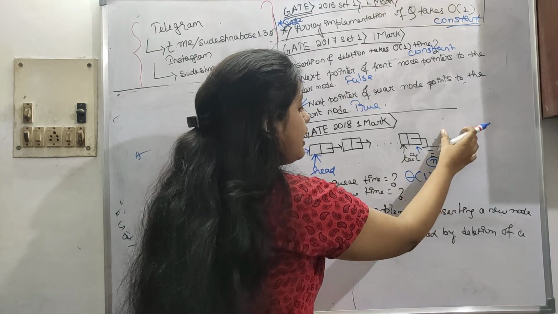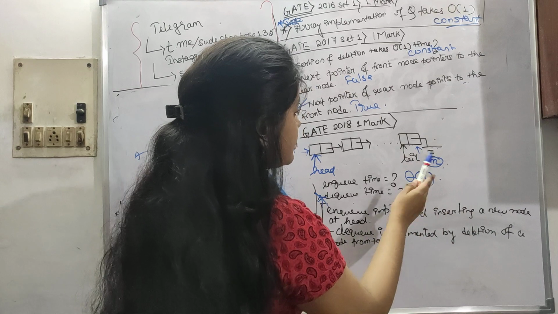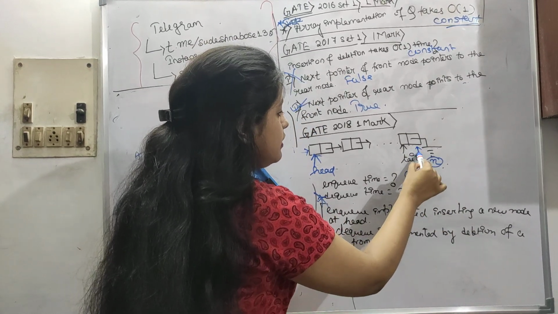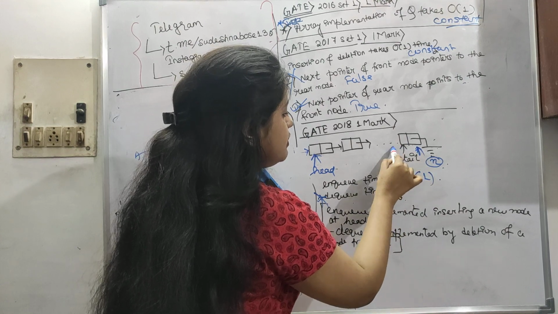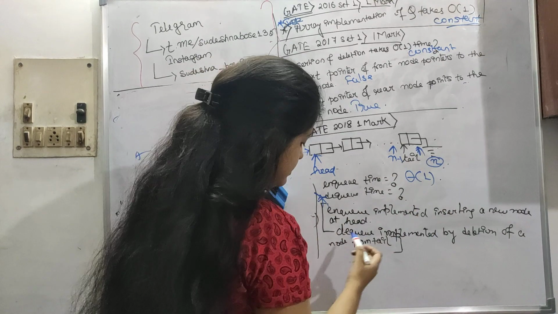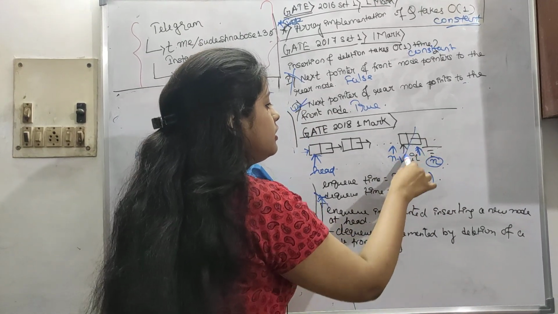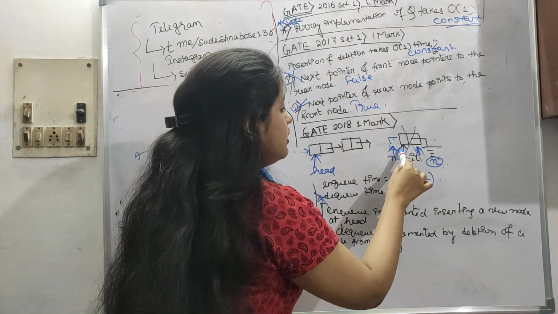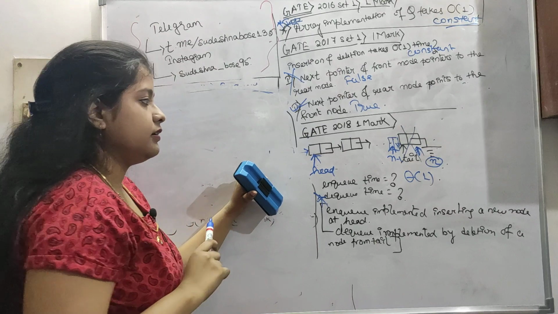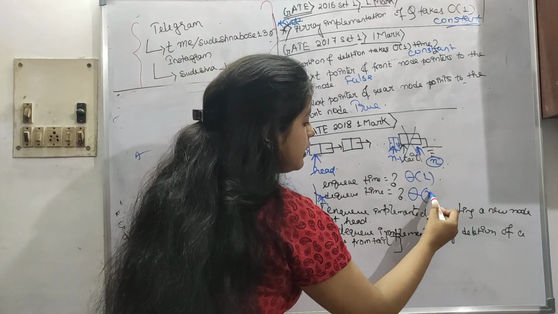Then it is actually a deletion till n minus 1. DQ is implemented by deletion of the node from the tail. So this we have to delete. We have to go till here and put a null in the next part of the node. So this will take order of n time.